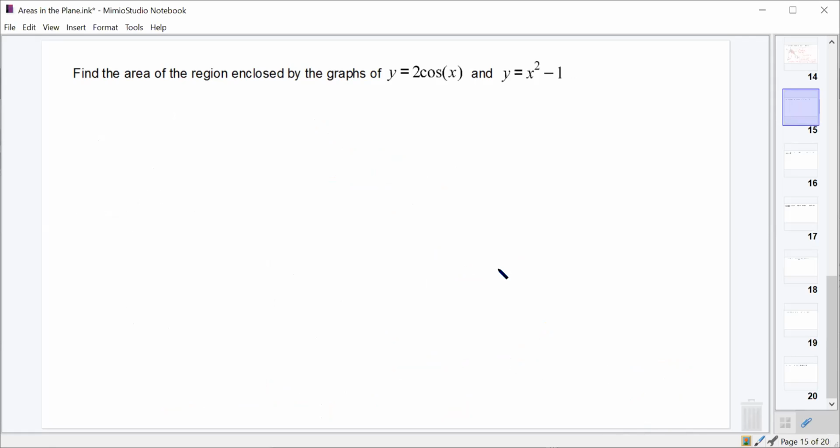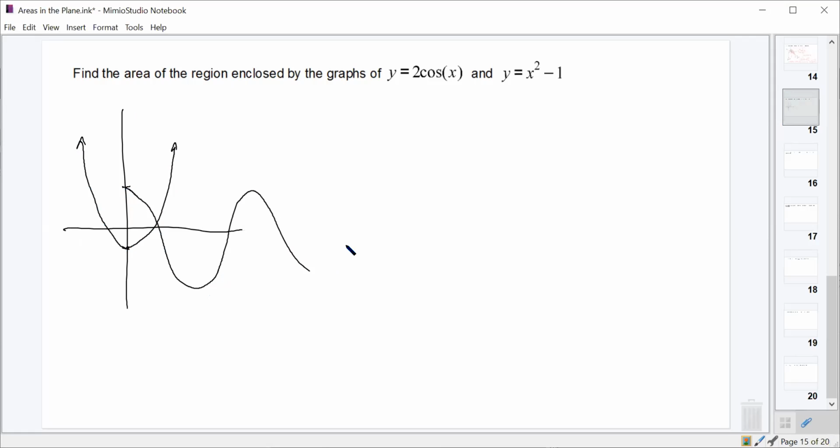Let's see if we can find the area of the region enclosed by y equals 2 cosine x and y equals x squared minus 1. So first, let's graph these. X squared minus 1 looks like this, right? And 2 cosine x looks something like this. True?